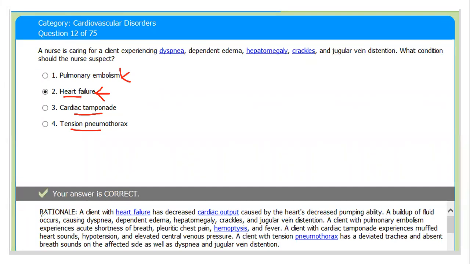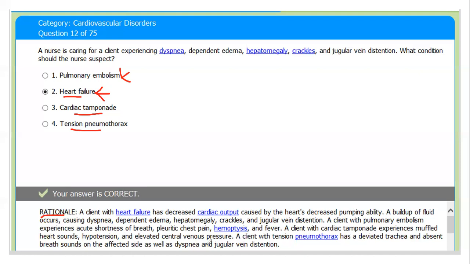So let me read the rationale from here. A client with heart failure has decreased cardiac output caused by the heart's decreased pumping ability, right? And a buildup of fluid occurs, causing dyspnea, dependent edema.